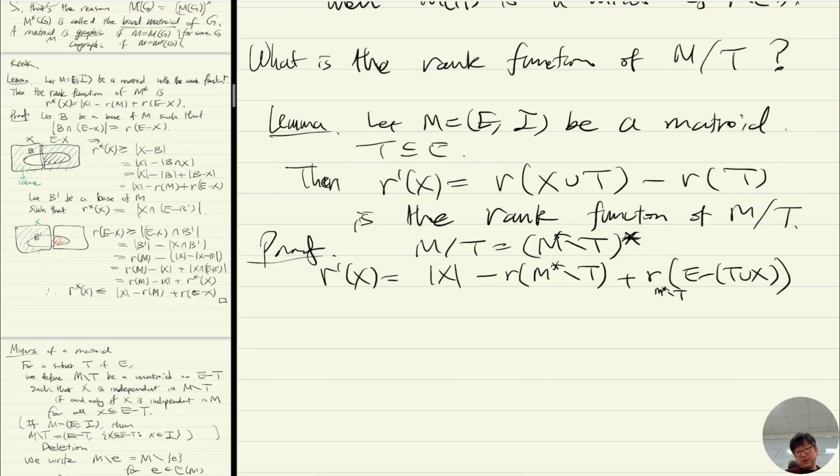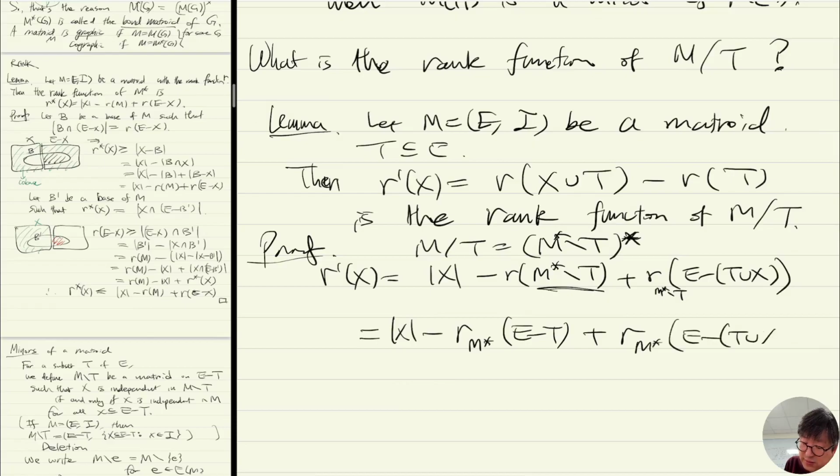So the rank of this matroid is equal to the rank of this set, E minus T, and deletion doesn't change the rank function, so that's it.